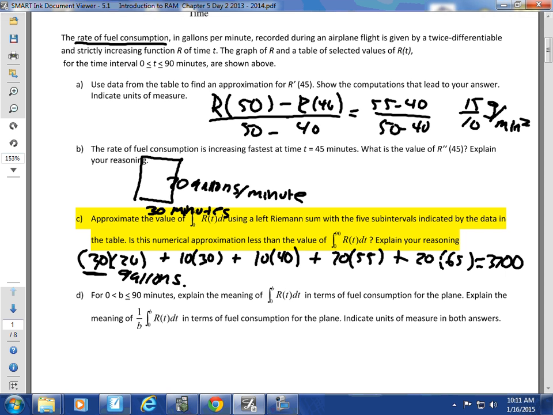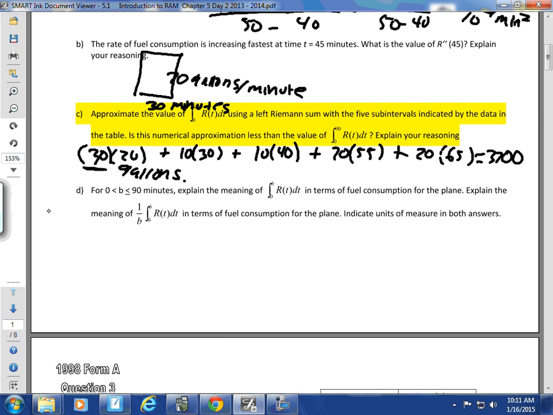Okay, now let's jump down to part D. We haven't studied what's going to happen here in part D. This is a question that will be covered next week in section 5.3, but you're ready for this. We already know that this number from 0 to 90 is 3,700.